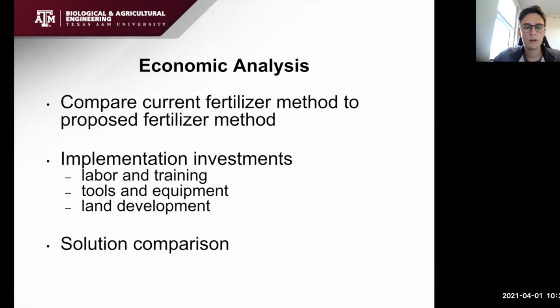After that, we're going to go into some implementation investments. Once again, that's labor, training, tools and equipment, and land development. And then we'll have a solution comparison, and why we chose the fertilizer mixture over, say, a weaker wine solution or a grapeseed oil.